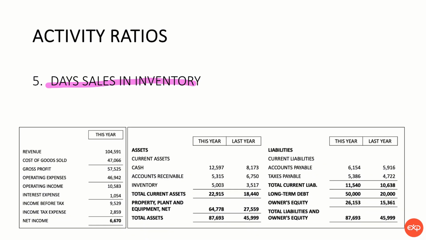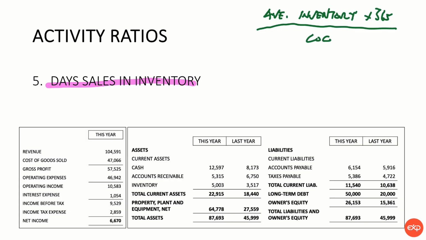Okay, so the calculation involves average inventory times 365 over COGS. So let's look at the numbers that we'll need here. We are actually looking at these two and the COGS amount. So let's plot it out.